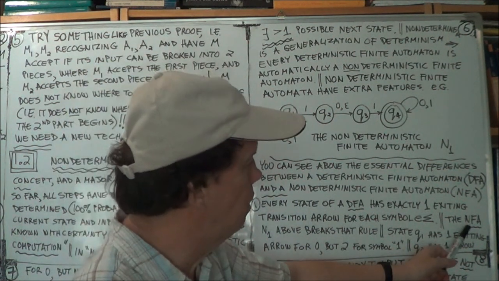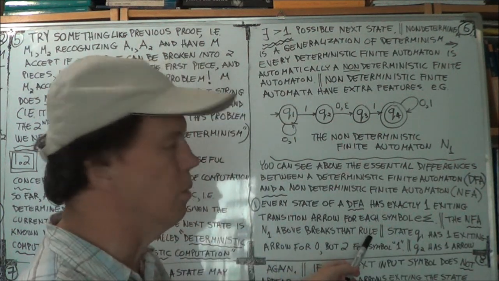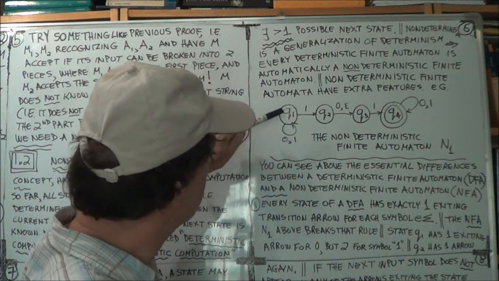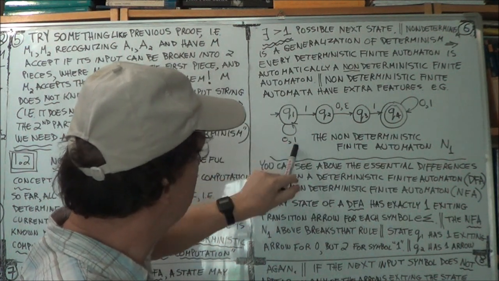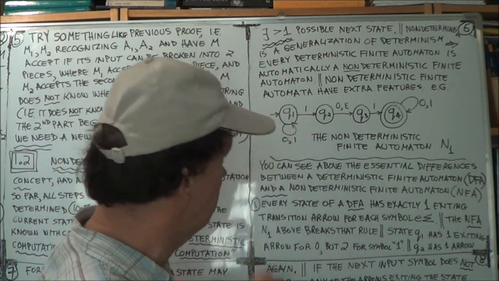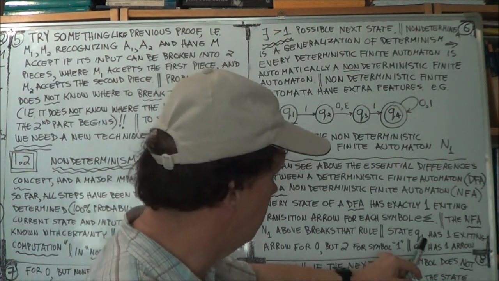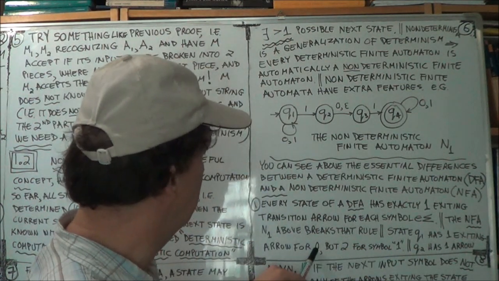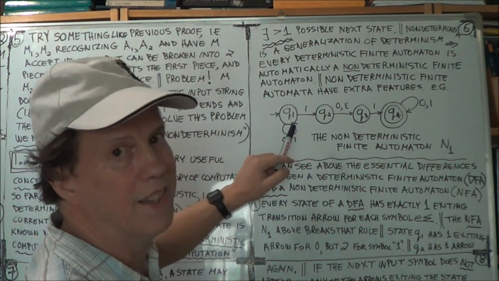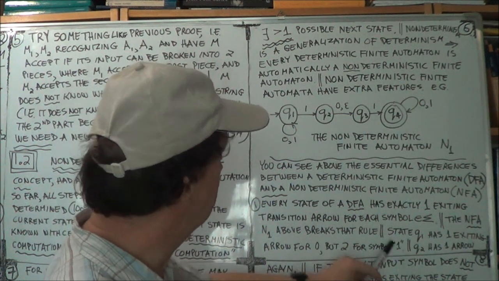Now with an NFA, it breaks that rule. Here's an example. You're in a given state, input symbol 1 comes in, and it goes to two different states. It could go to Q1 or it could go to Q2. State Q1 has one exiting arrow for 0, which would be like a DFA, but it has two exiting arrows for symbol 1.